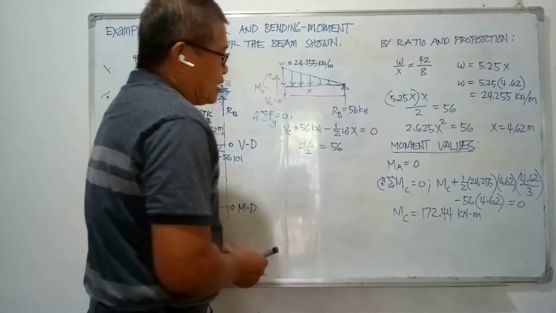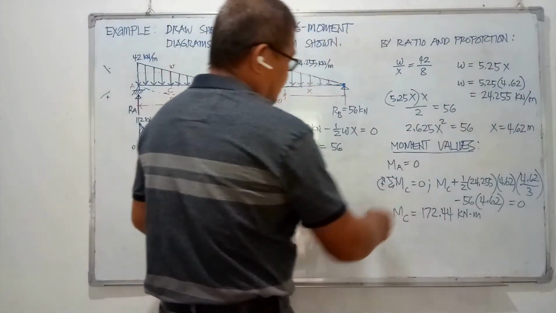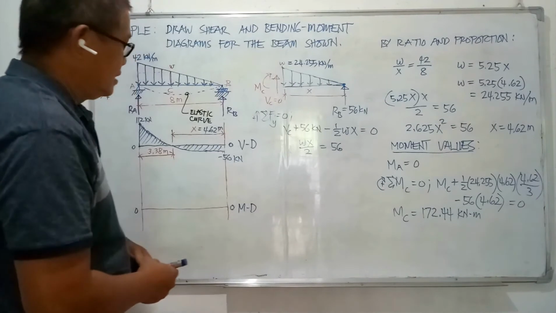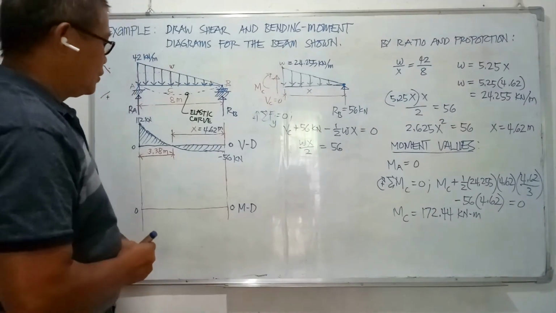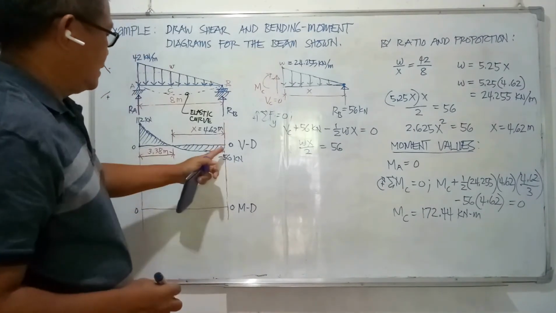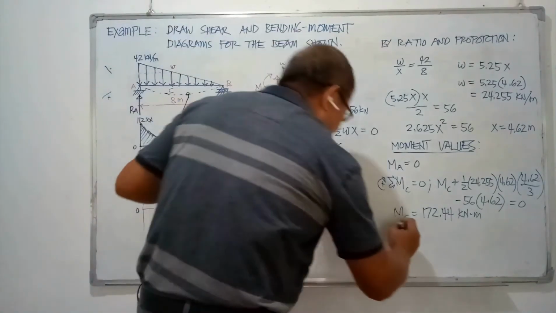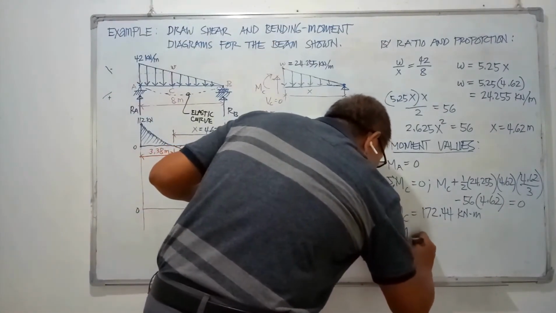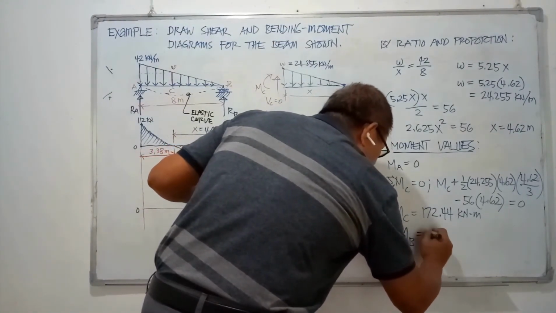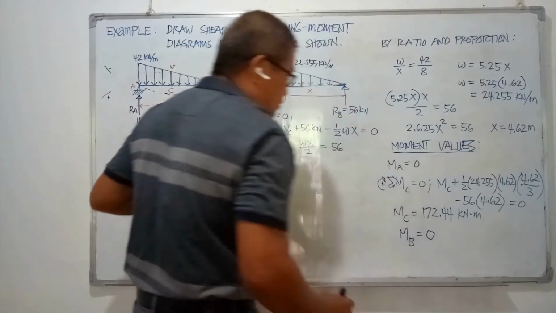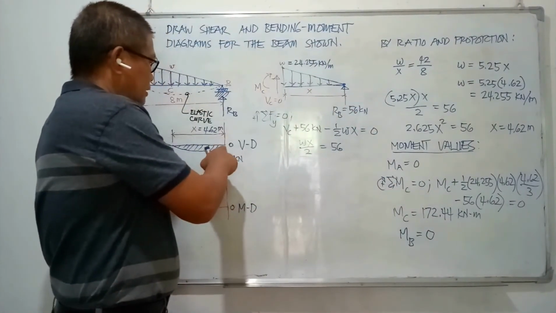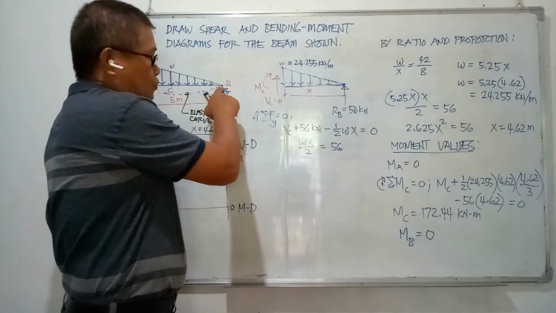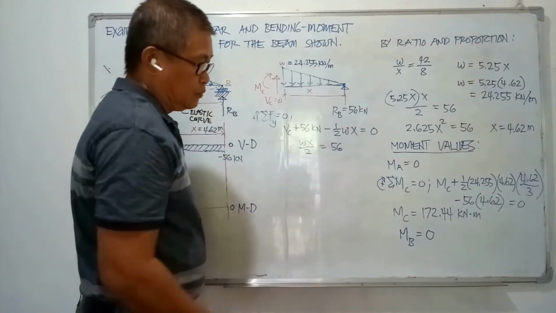So M sub A is 0, M sub C is 172.44, and then at joint B, M sub B is equal to 0, but this support will not develop any moment.